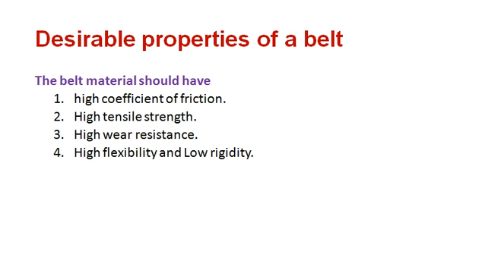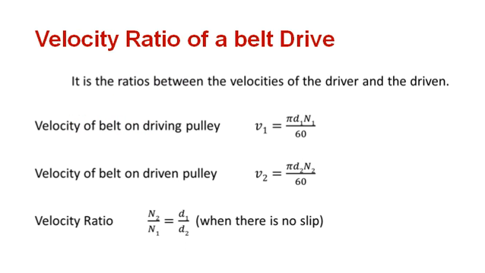Desirable properties of the belt: it should have high coefficient of friction, high tensile strength, high wear resistance, high flexibility and low rigidity. The velocity ratio of the belt drive is given as driving pulley speed by driven pulley speed, which is equal to driven pulley diameter by driving pulley diameter. This should always be greater than 1 when slip is not considered.